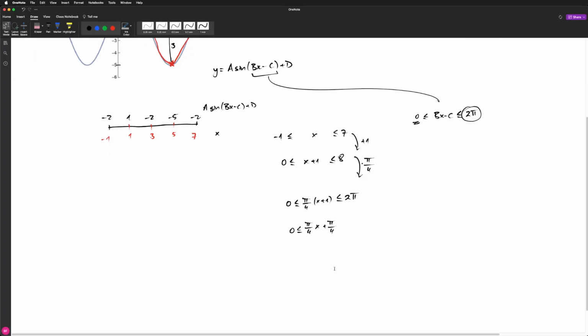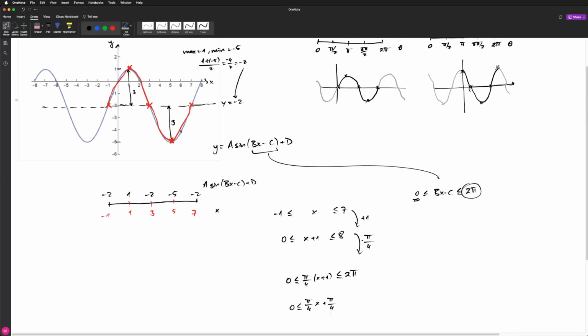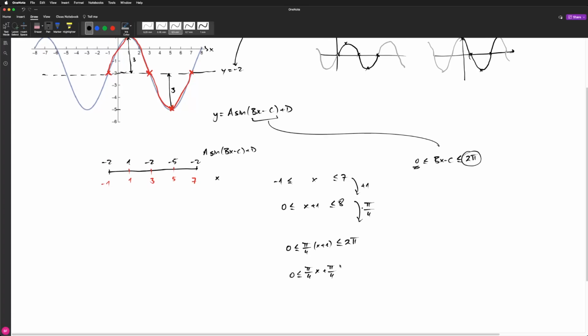So we're done. We don't have to memorize anything. Just find a piece of a sine curve, mark your 5 points, and then deal with where your period starts and ends, and then change the start and end point to 0 and 2 pi, and that's going to give you what is in your sine graph.